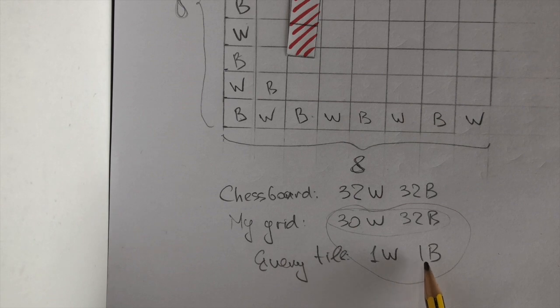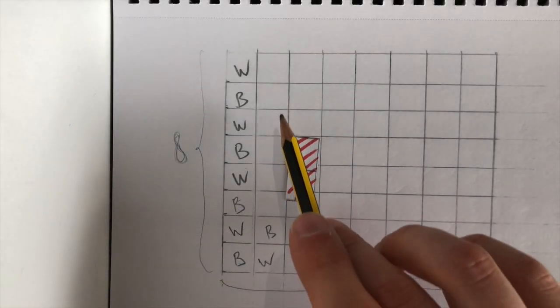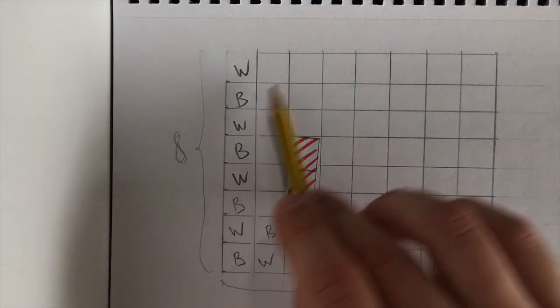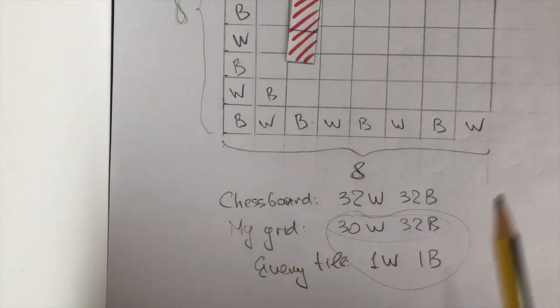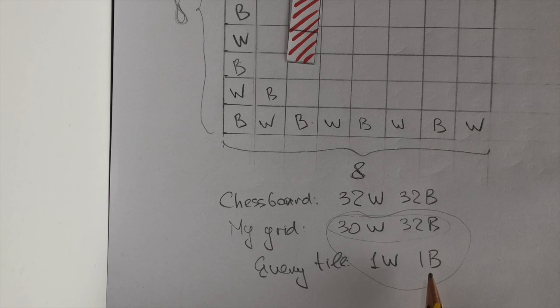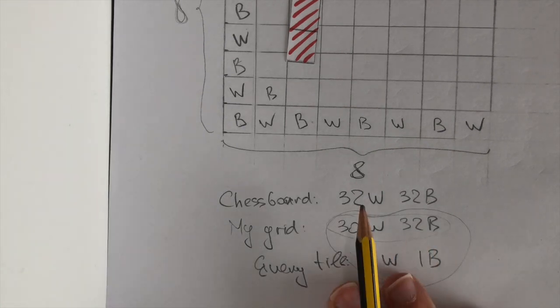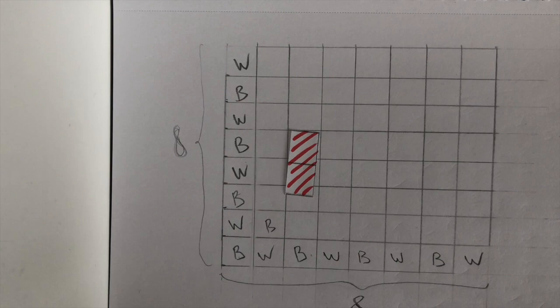But every tile, in some sense, takes out equal amounts of white and black cells. So if we assume that there exists such a covering, then by this rule, they will have to cover the same number of white cells and black cells, which is not the same in the grid. So it is impossible. The problem is solved.